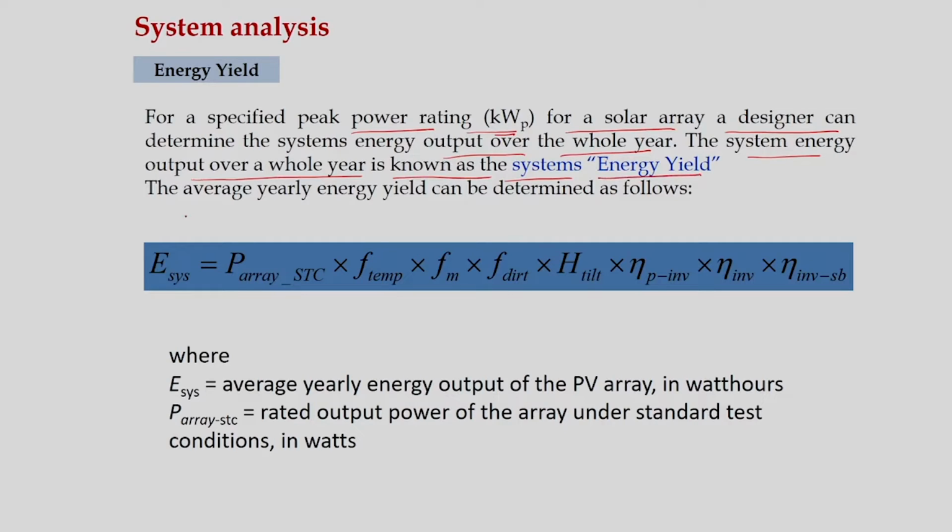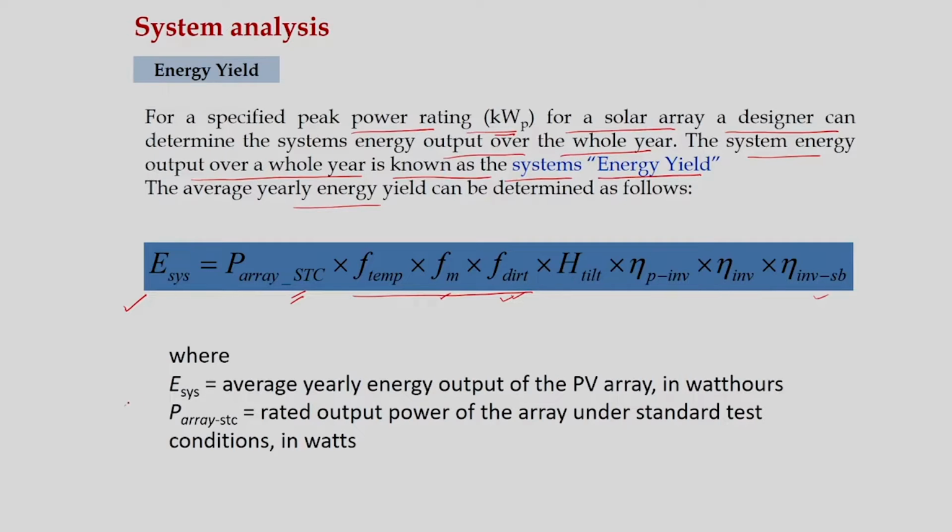This average yearly energy yield can be determined by using this expression. E_system is equal to P_array under standard test condition multiplied by the derating factors: temperature, manufacturing tolerances, then we have dirt, and these values will be discussed in the next slide.